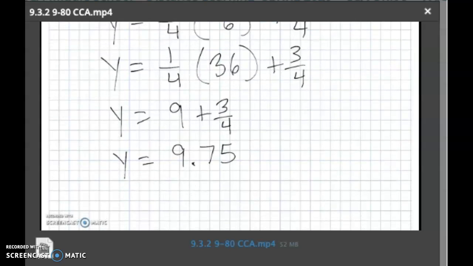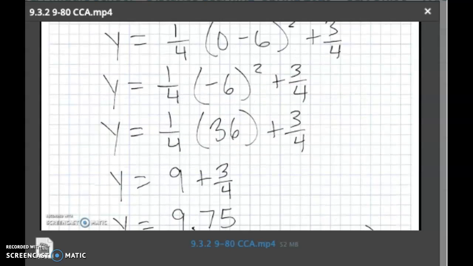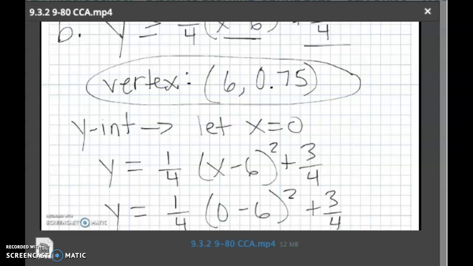So we know that our y-intercept is at 9.75. Okay, so now I'm going to take a look. I'm kind of thinking about my x-intercepts, and I'm noticing that my vertex is above my x-axis, so my smallest point on my graph, the lowest point, the minimum point on my graph, is above the x-axis, right?